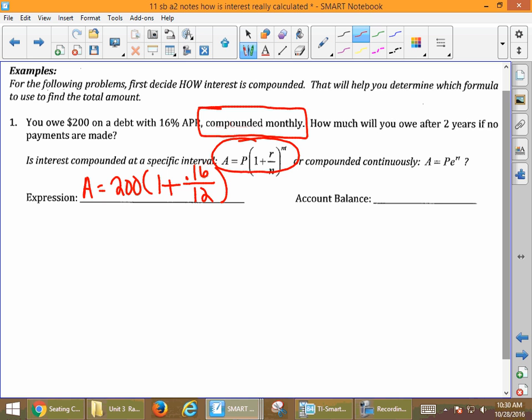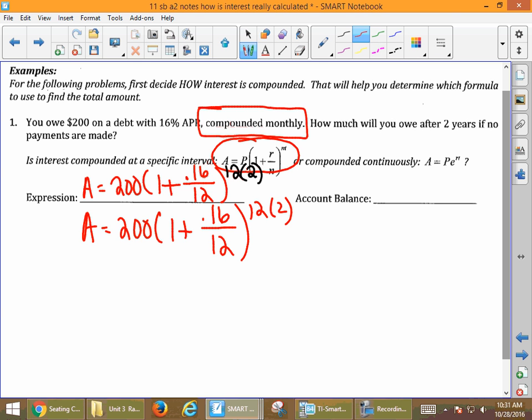And then finally, we take that 12, and it's asking how much will we owe after 2 years. Let me write it down below so we can see it better. 1 plus 0.16 divided by 12, to the 12 times 2. If we want to calculate the balance, that's what we're going to type into our calculator.